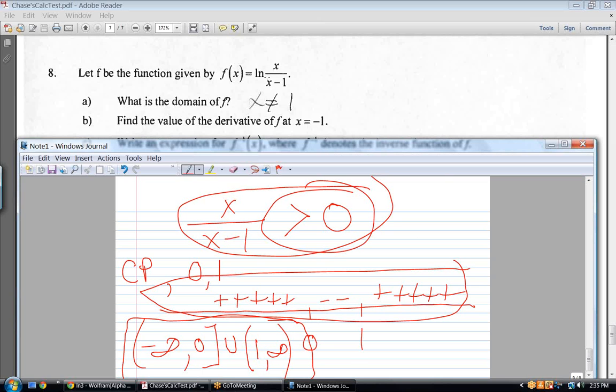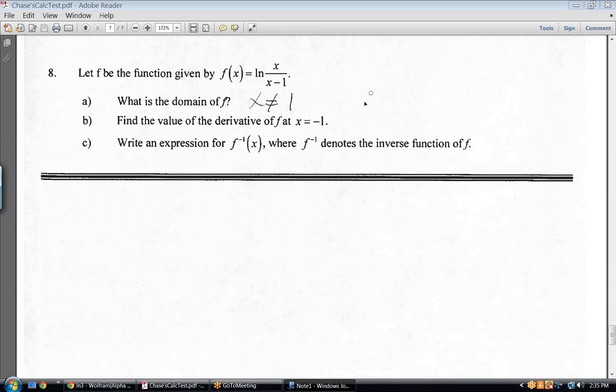To take the derivative, you're going to take 1 over this argument times the derivative of the inside. And for the derivative of the inside, we're going to have to apply the quotient rule, but it's not hard to do. Okay, so we can certainly do B.